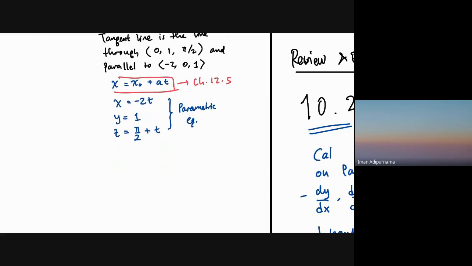And if you imagine the curve, if this is a spiral, the curve maybe around here. If this is 1, 0, 0, maybe here is the tangent vector.